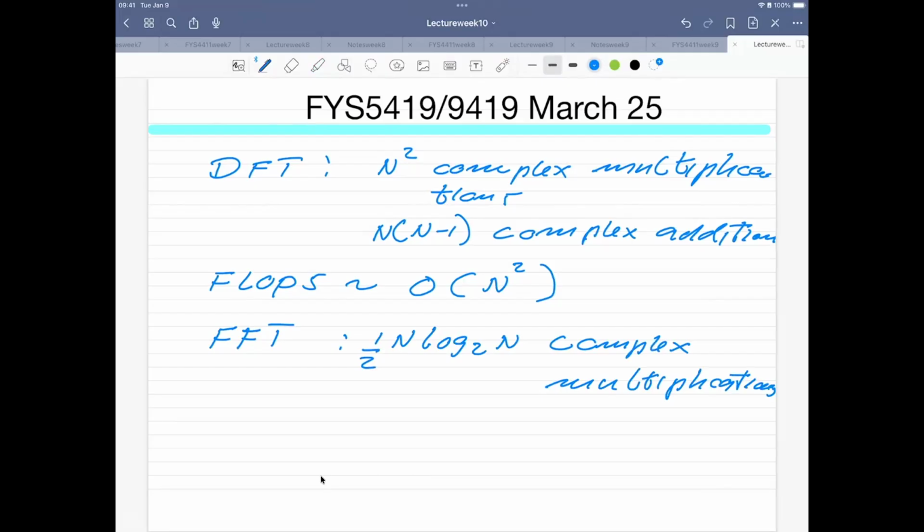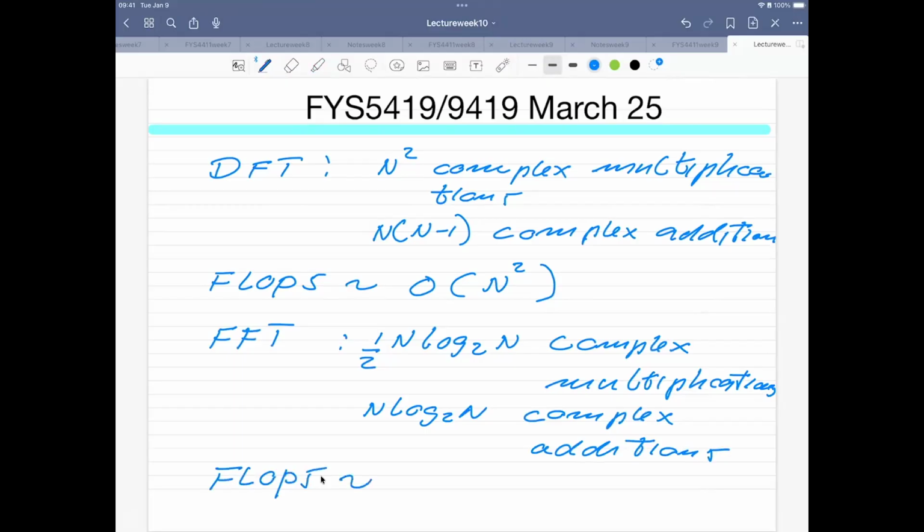And it has, in addition, something like n log 2 n complex additions. So what we say then is that the number of floating point operations now runs roughly like O of n log 2 n. So this is the expense of the fast Fourier transform. And you see that this is clearly an improvement compared with the brute force direct Fourier transform, okay?